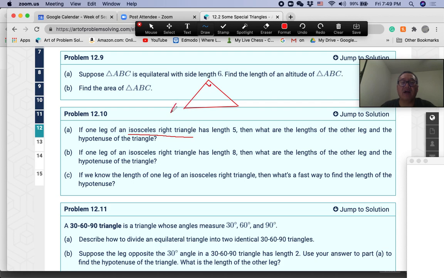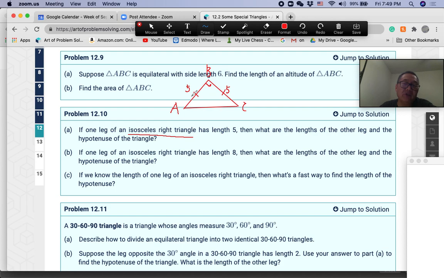Then this side is A, this is B, this is C. So then only AB will equal BC. Now they give you one leg equals 5, so this leg is 5. This one will also equal 5 because this is an isosceles triangle.